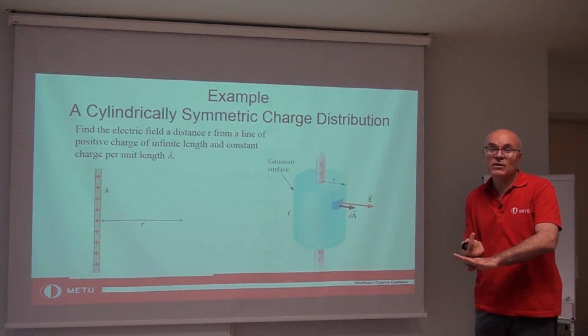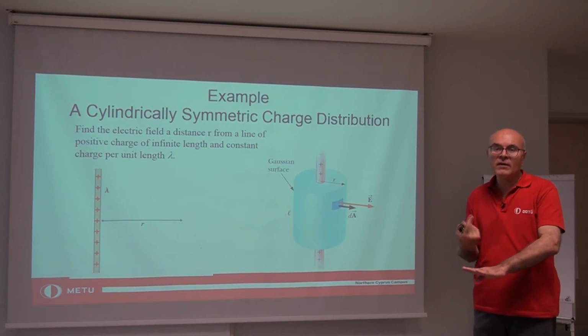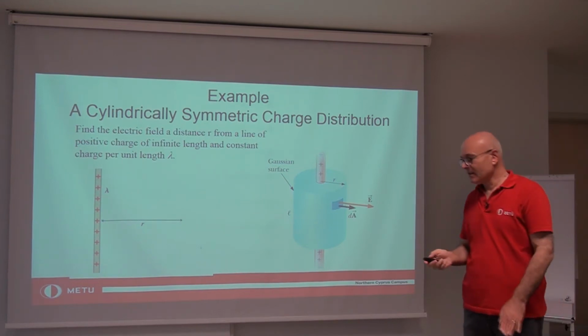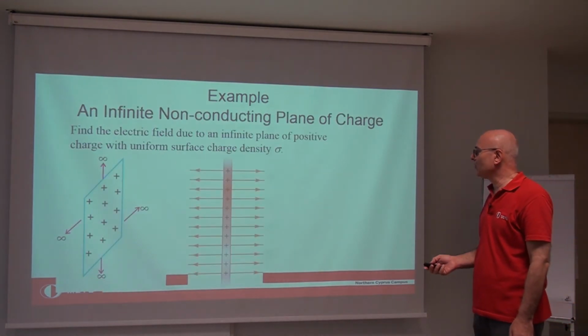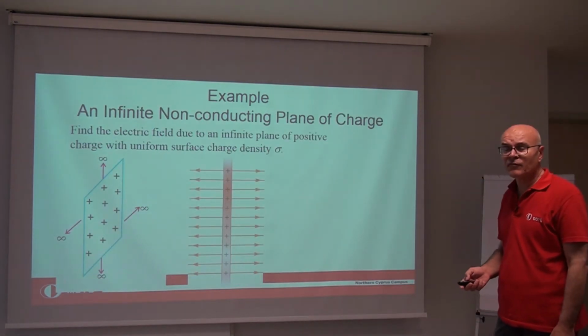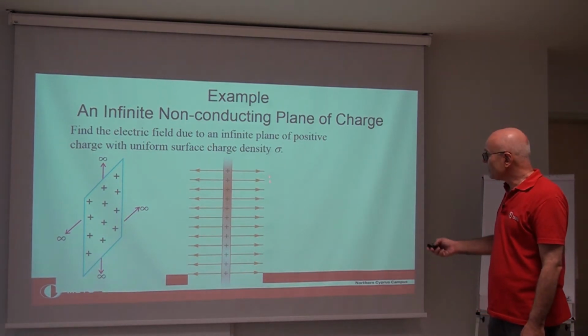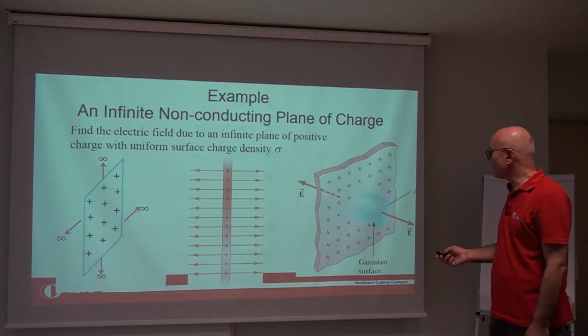The electric field will be only upwards, or perpendicular to the plane of the sheet. So at some distance from the plane, this is how the electric field lines will look.